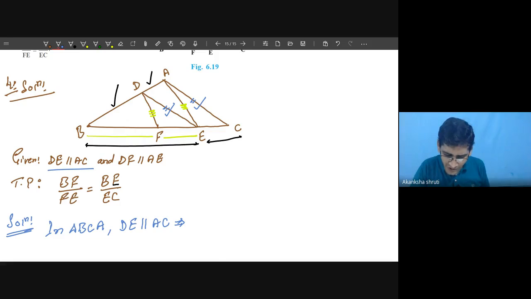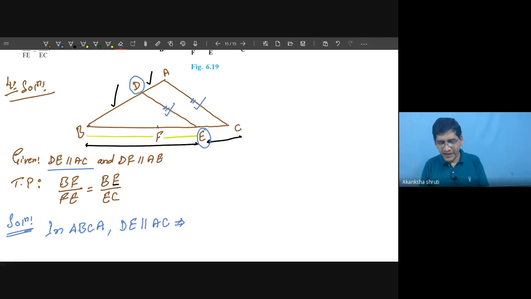So come to this point E here, and on the other side the point D here. So for a moment you shall forget the other line like this one. Let me just erase it. So it is something like this.